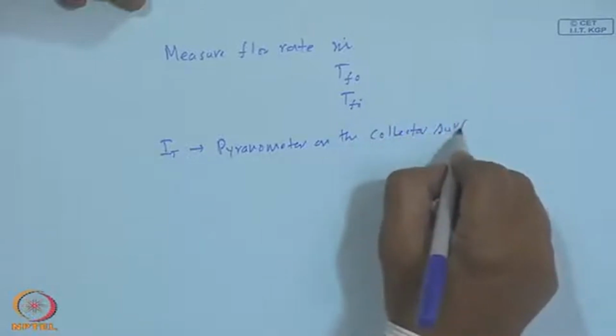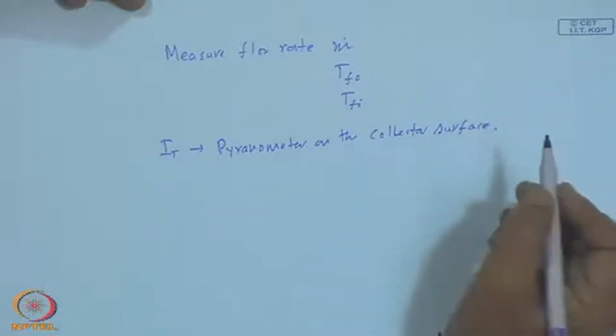So, there will be no other uncertainties in converting from the horizontal surface or any other surface to the collector surface.